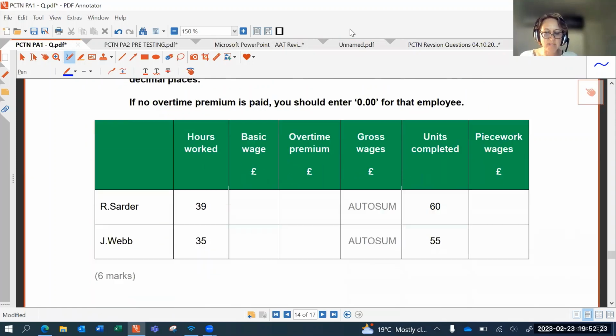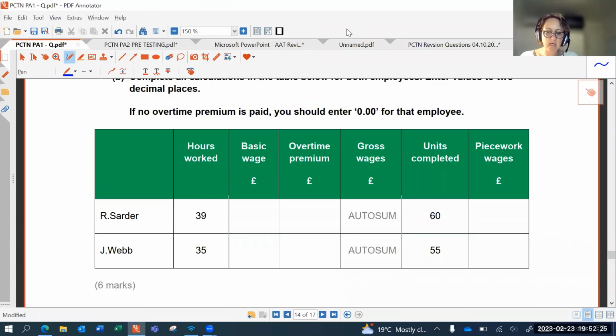If no overtime premium is paid, you should enter 0 for that employee. So if there is no overtime, that's fine, but we have to say that there's no overtime. Otherwise, the examiner thinks that we didn't actually know how to answer the question. We've got to make sure that we fill the table in properly.